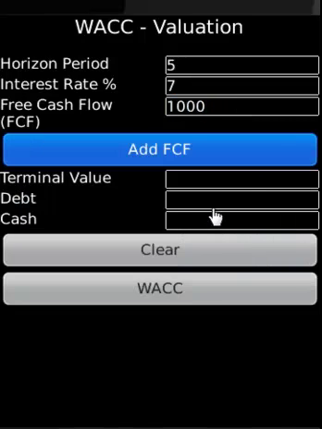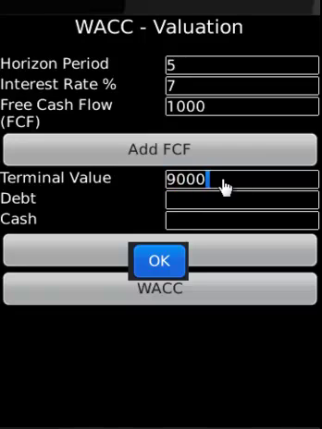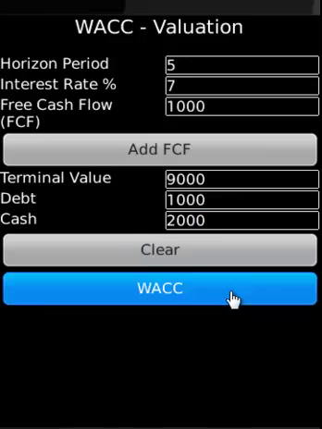Okay, let's say the terminal value is 9,000 and the debt at hand is 1,000 and cash is 2,000. So now this is the WACC value.